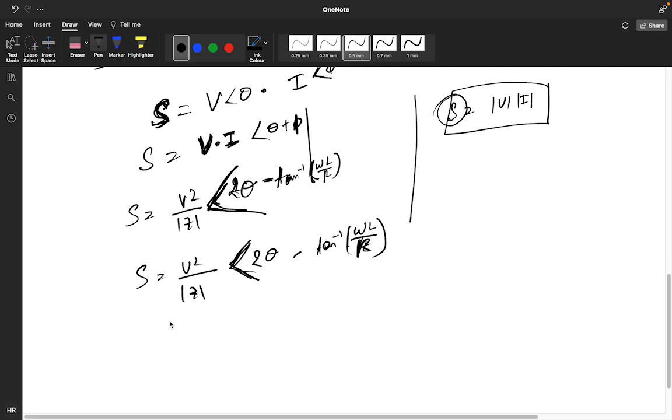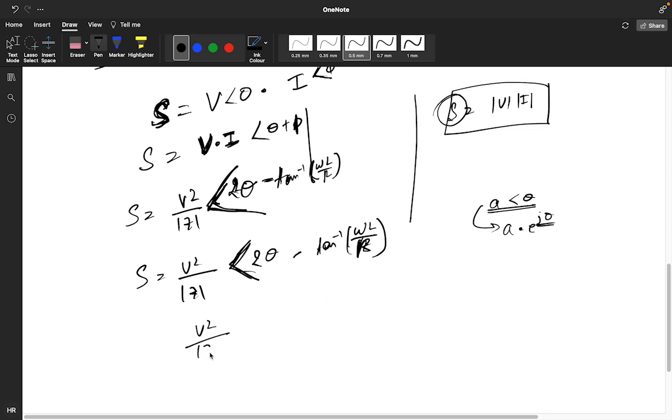And if you put this in the form A at an angle theta, you can write A into e power j theta, which is equivalent.